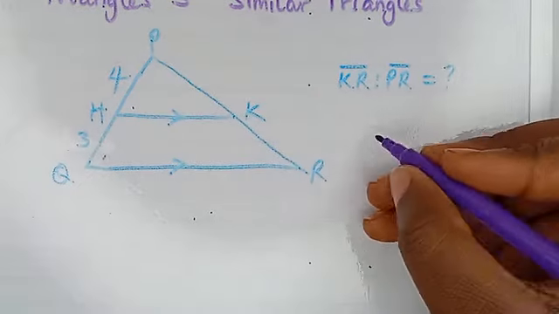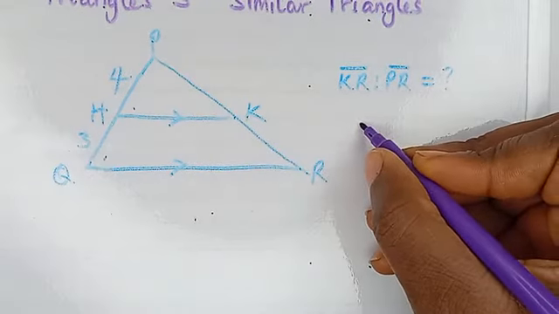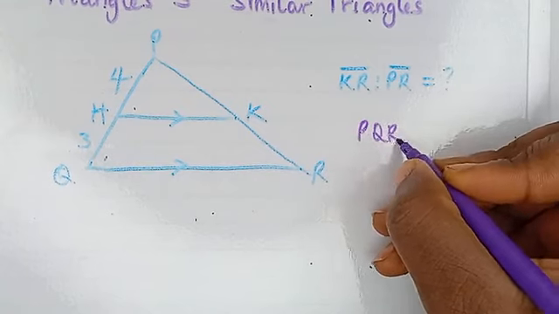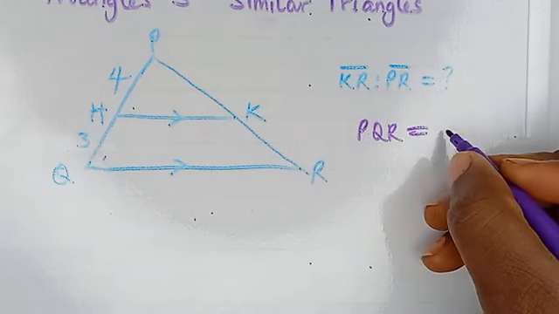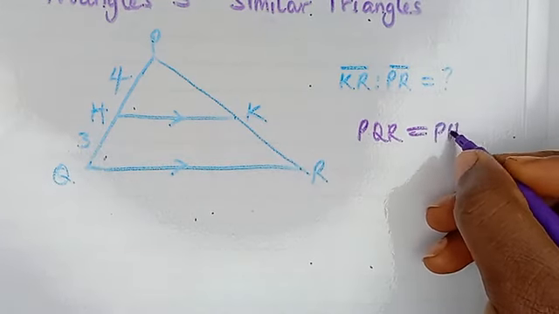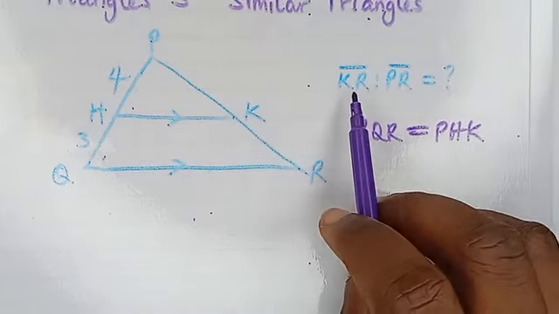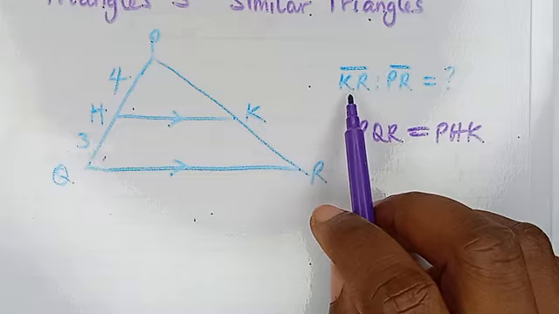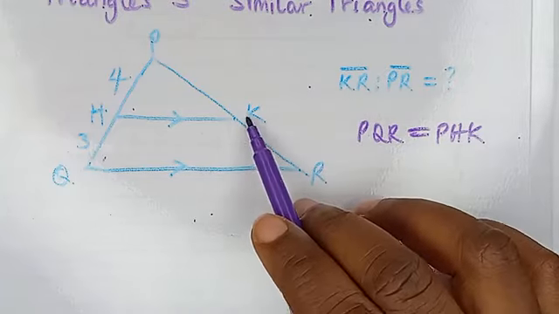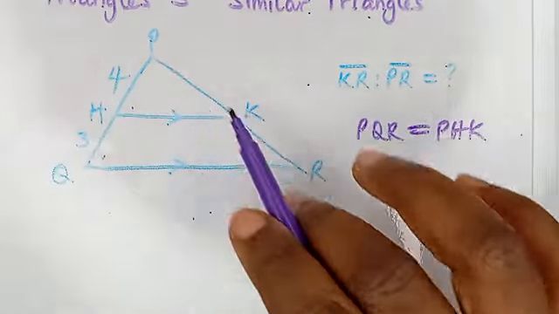So for the two angles we have, triangle PQR is similar to PHK. Okay, and then the question says, what is the ratio of KR to PR?